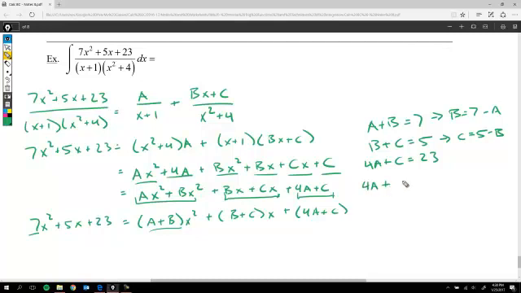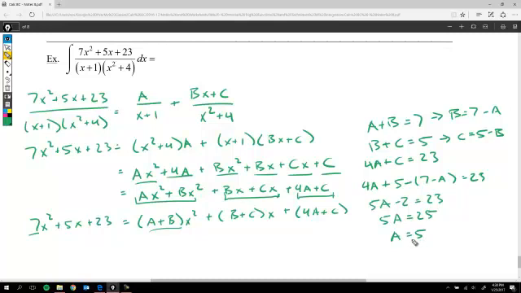So 4A plus C is the same thing as 5 minus B, but B is the same thing as 7 minus A. Okay, so I just substituted and I substituted, and I got nothing but A in my equation. Okay, now I'm going to solve for A, so minus and negative becomes plus, so I have 5A, 5 minus 7 is negative 2, equals 23. Add 2 to both sides, and then divide.